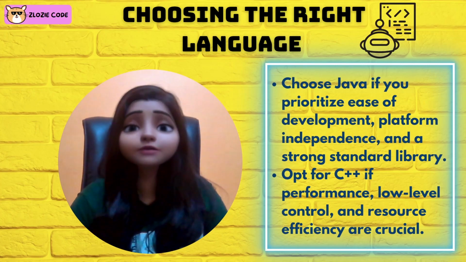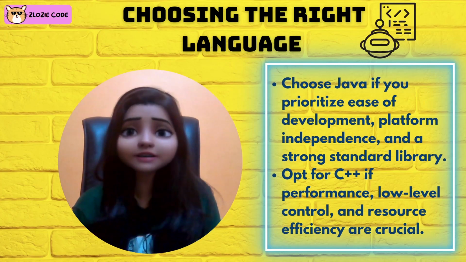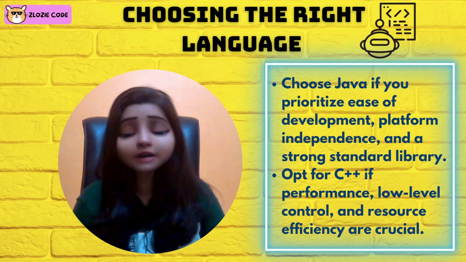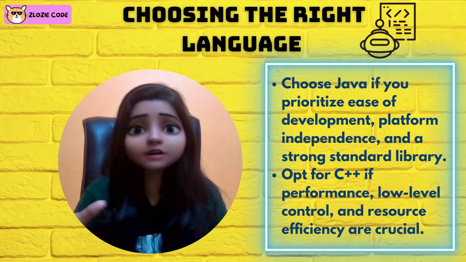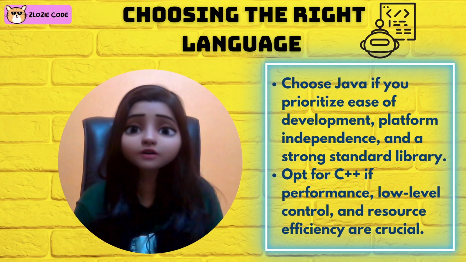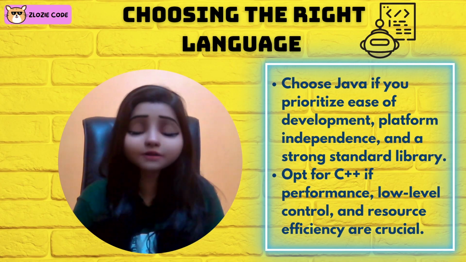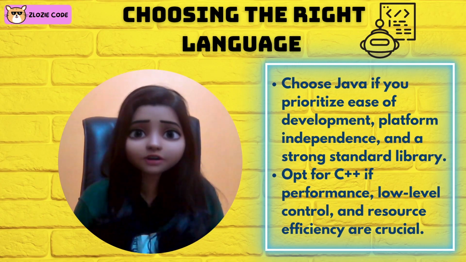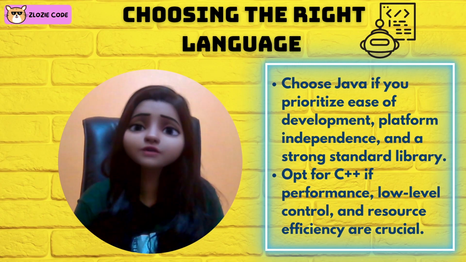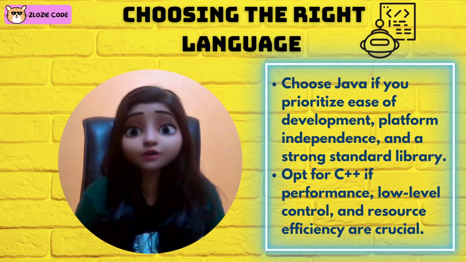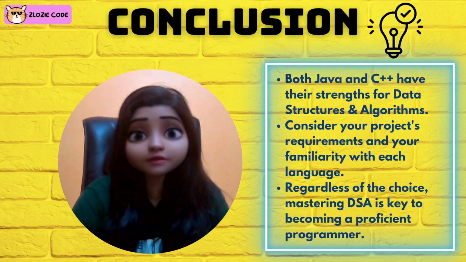So it's all up to you, and nothing is very good, nothing is very bad. Each has its specific use cases. I suggest, don't limit yourself to one programming language. Just learn any one, and it's very easy to switch to another.